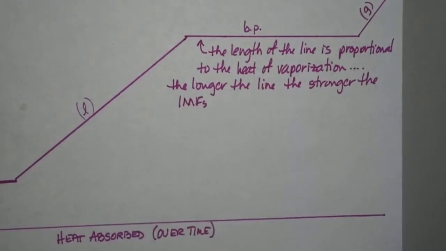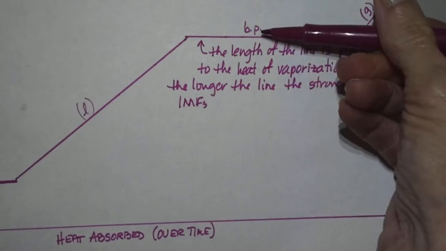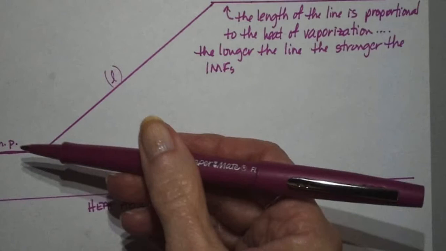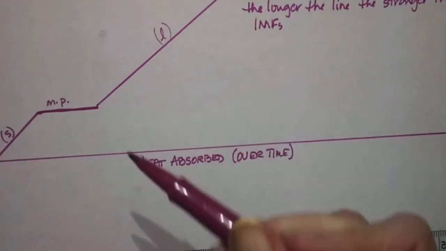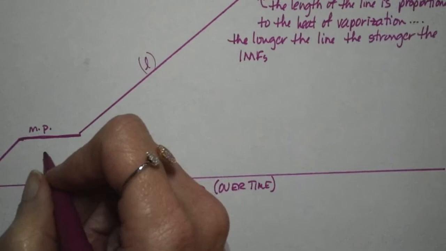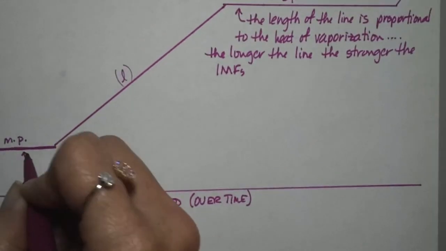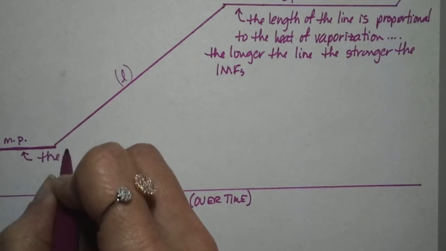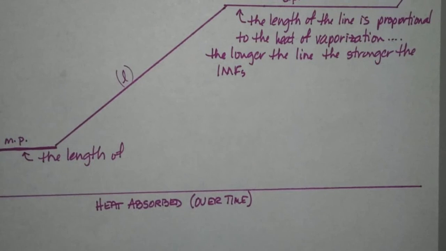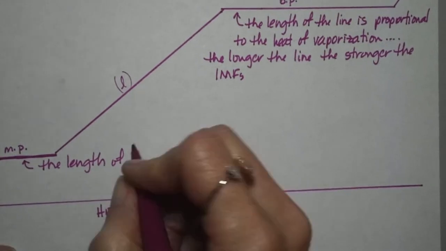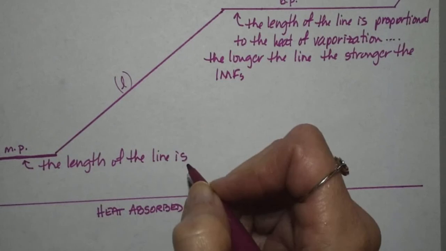Now this would be where the heat of vaporization is. If we go back down to the other flat line, that would be where the heat of fusion is. So here on this line, the length of the line is proportional to the heat of fusion. How much energy?